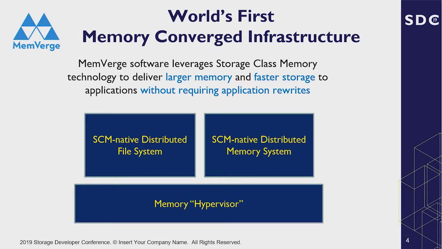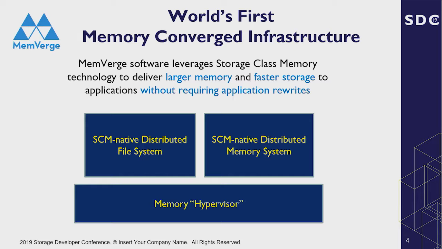Essentially, through our software, we can tier between the DRAM in the system, the local SCM in the system, as well as the remote SCM in the cluster across the RDMA link into a 3-tiered memory system, so that the available memory to an application is beyond the 6 terabytes available locally, and it's also accelerated by the DRAM that's existing in the system. So that's an SCM native distributed memory system that we created on top of this hypervisor.